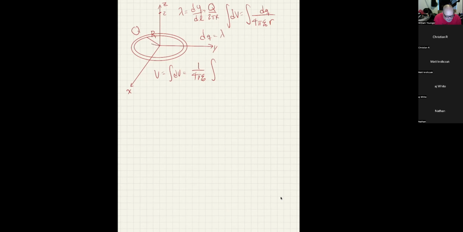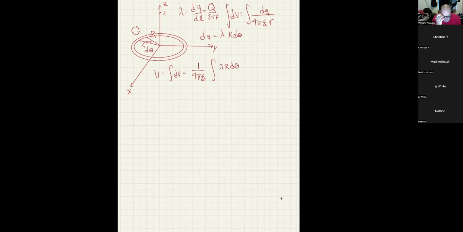If I allow R to basically stay the same, but allow the angle to change by an amount d theta, then the length of that would be r d theta. So I'm now going to say this is lambda times r d theta, and that's what goes up here, lambda r d theta.